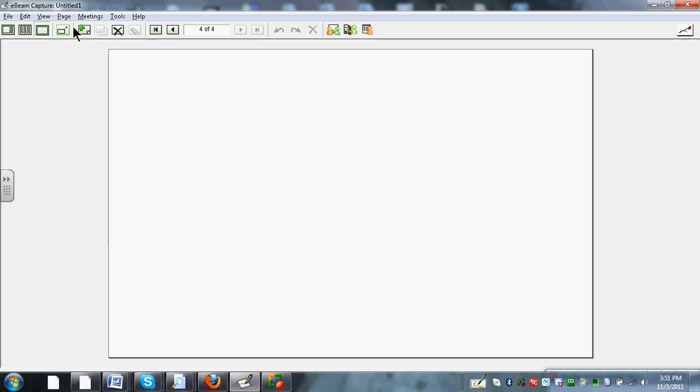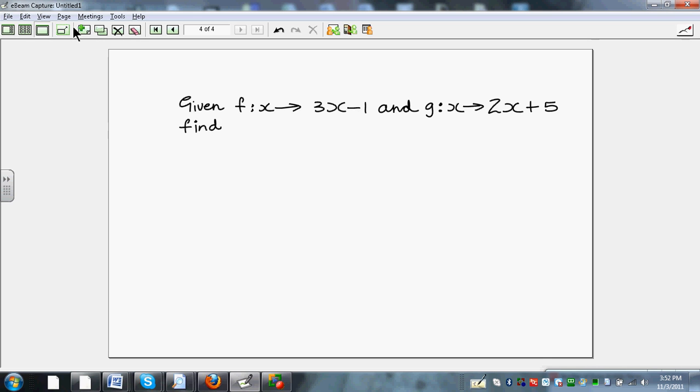The first example we look at is, given the function f such that x maps onto 3x minus 1, and the function g such that x maps onto 2x plus 5, we need to find or determine, first, fg of x.